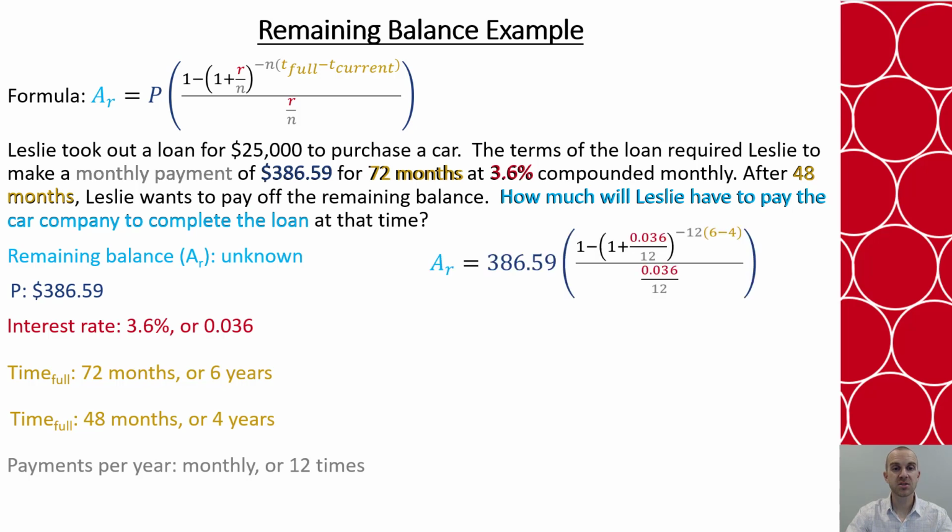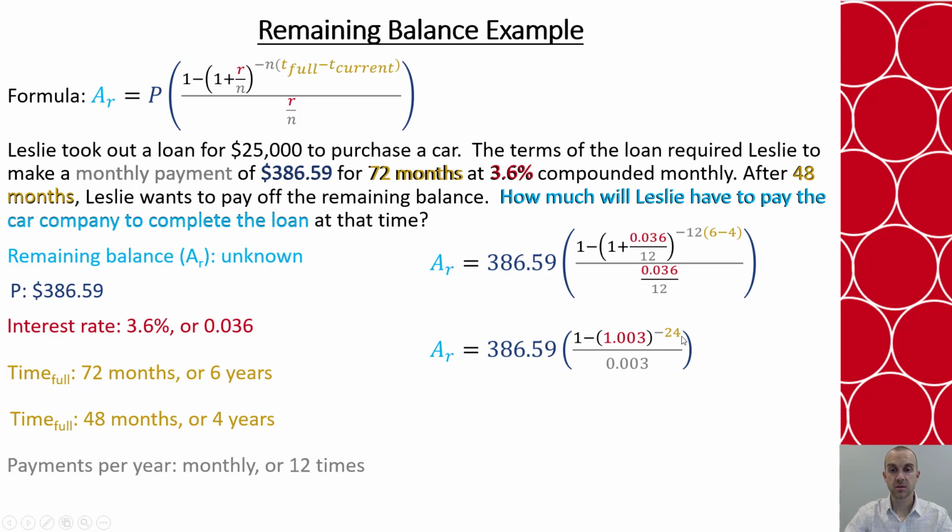So we substitute in our values here, and the difference again is what we're doing with our time. Here we're condensing the time that's left. So we're going to simplify our division and our exponent. So this becomes 1 3/1000 raised to the negative 24th divided by 3/1000.